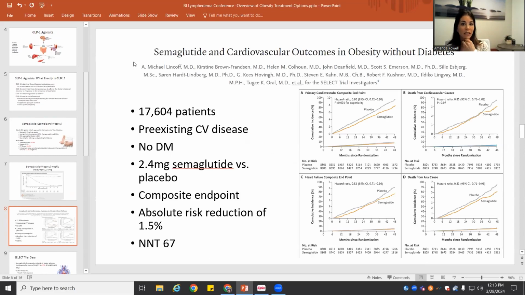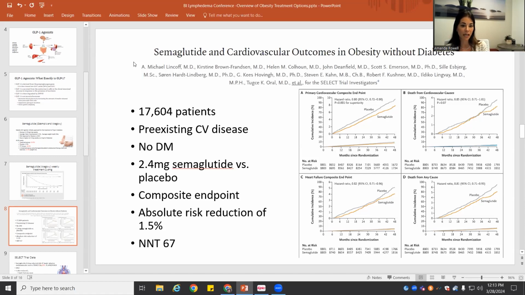Most importantly, there are cardiovascular outcome trials that have been done with semaglutide. In this particular study, I believe also in the New England Journal, there was a study done in over 17,000 patients with pre-existing cardiovascular disease. They were non-diabetics, and they were put on semaglutide versus placebo. The composite endpoint was looking at major cardiovascular outcomes.